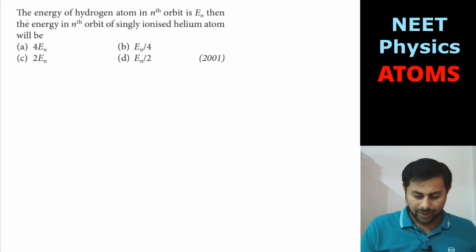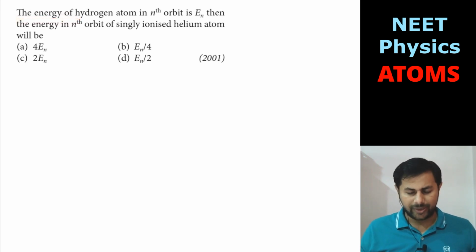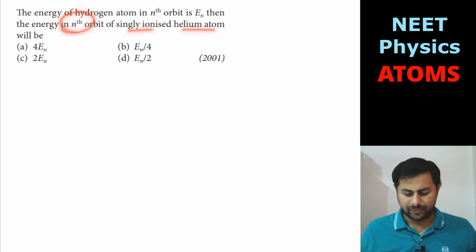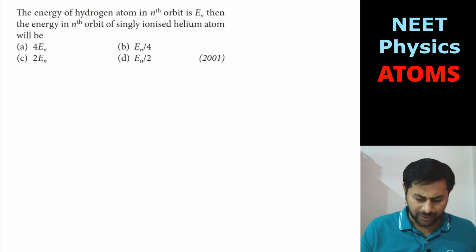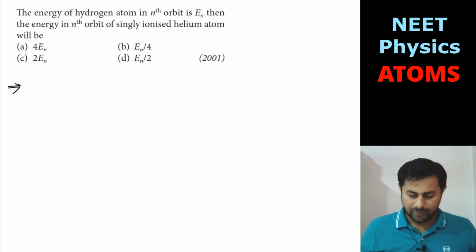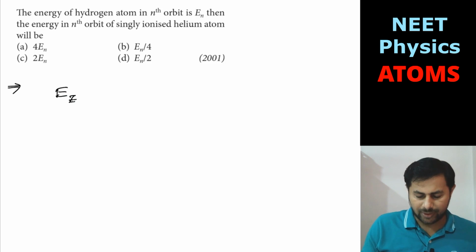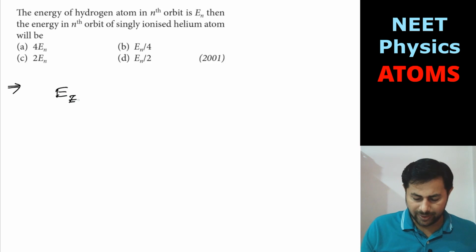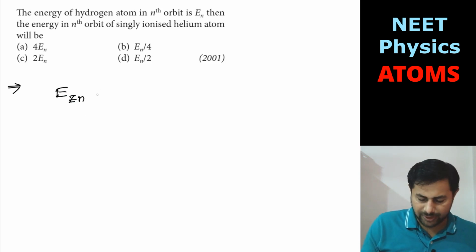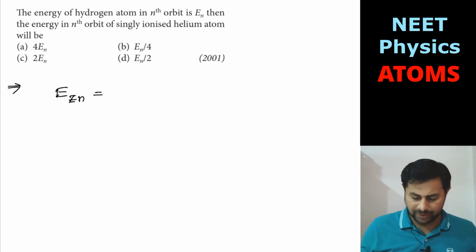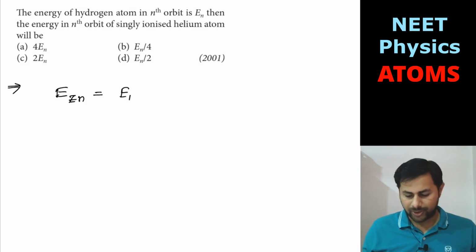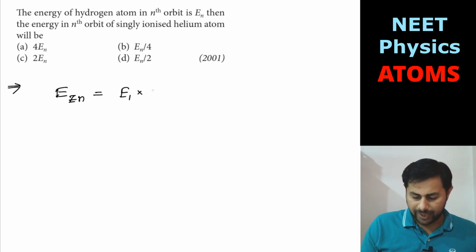Let's see next one. The energy of hydrogen in nth orbit is En. Then the energy in nth orbit of singly ionized helium atom will be. Again we have the formula. The energy of an electron in an atom having atomic number Z and principal quantum number n is equal to the energy of hydrogen atom in the first Bohr orbit multiplied by Z square by n square.